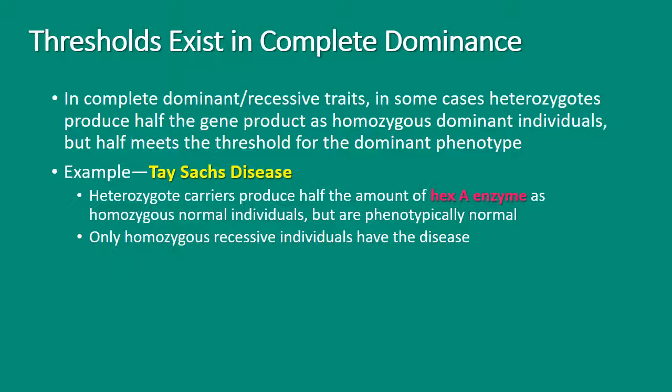As long as you have one allele that codes for the enzyme, you don't have the disease, and it's only these homozygous recessive individuals that pick up 2 mutant alleles that end up with the disease.